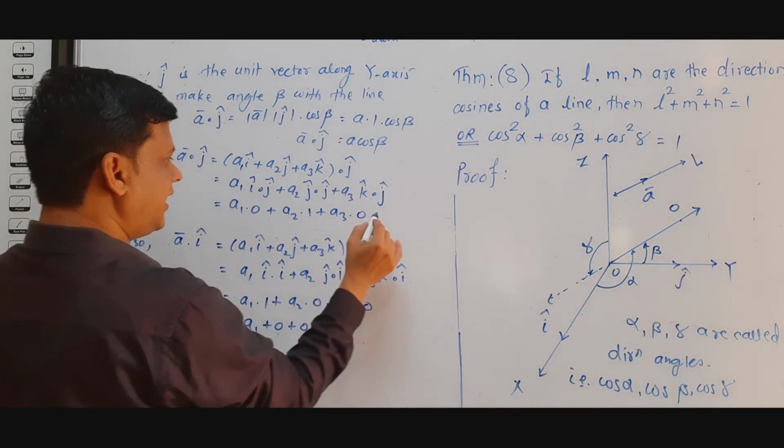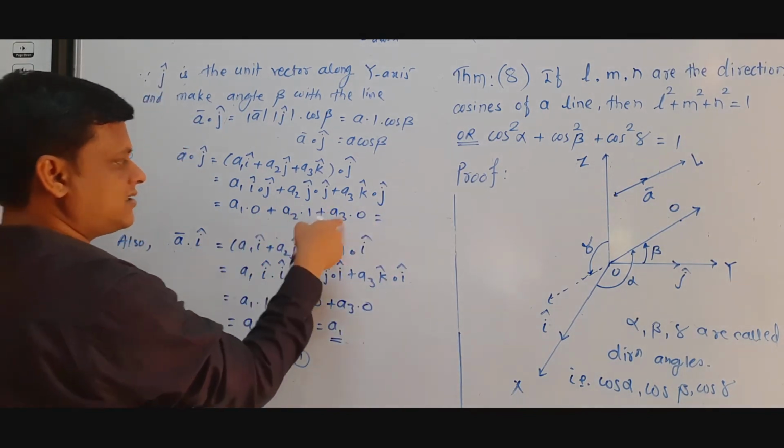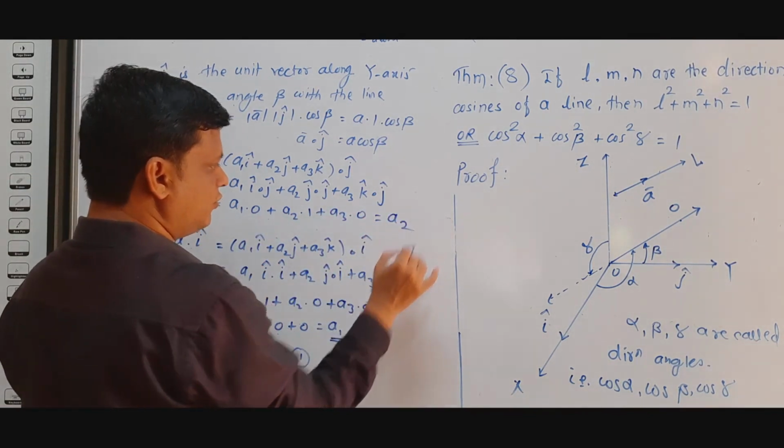From this, the first term is 0, the last term is 0, so we get A2.